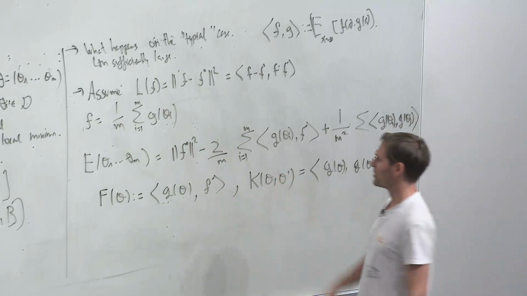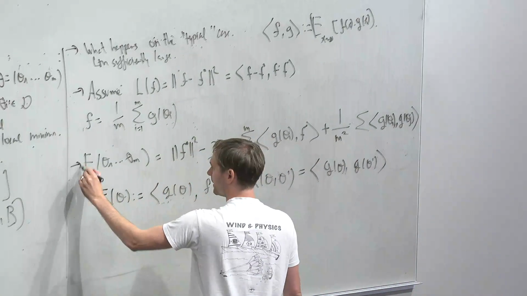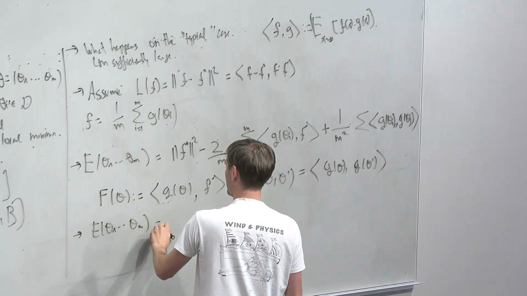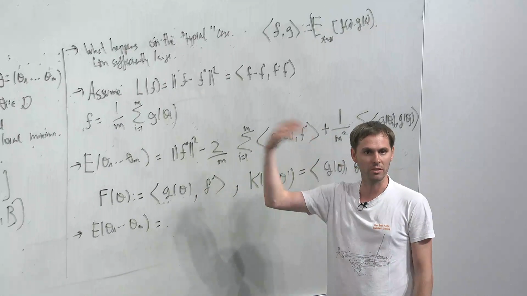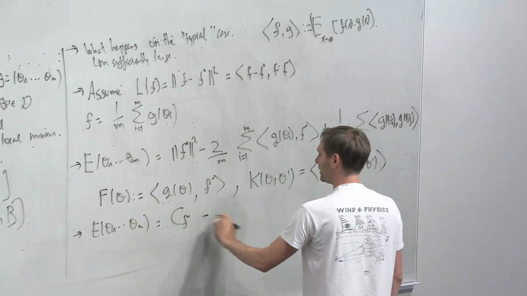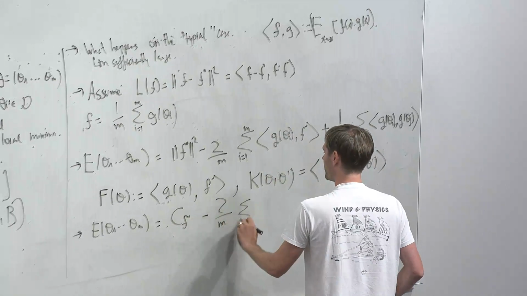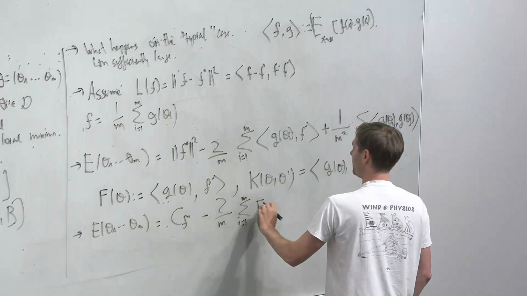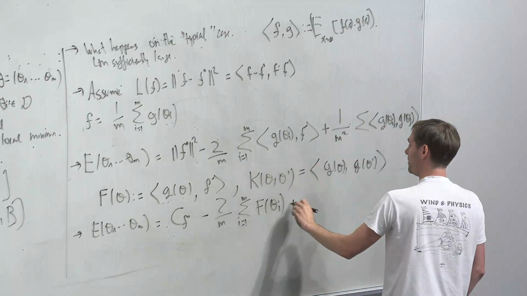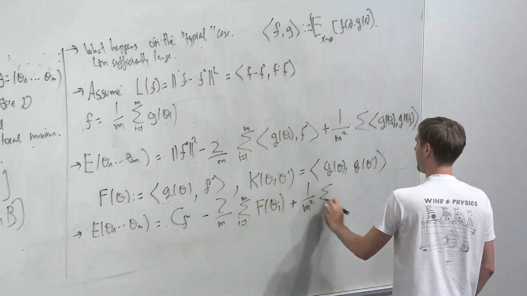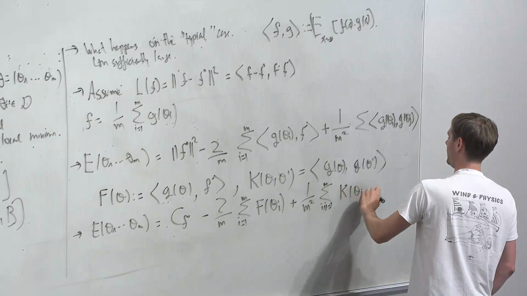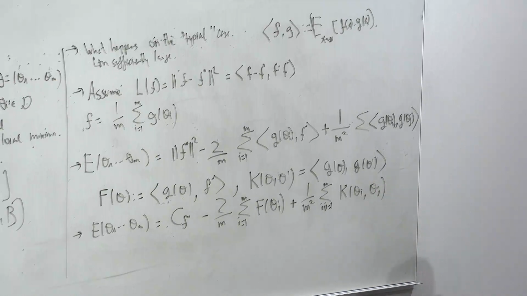So now with these two definitions, we can rewrite the loss as a constant that maybe we don't care about, because it's optimization, so I will still carry it, but it's not so important, plus 2 over m, the sum of F evaluated at theta i, plus 1 over m squared, the sum from i, j equals 1 to m of the kernel at theta i and theta j.